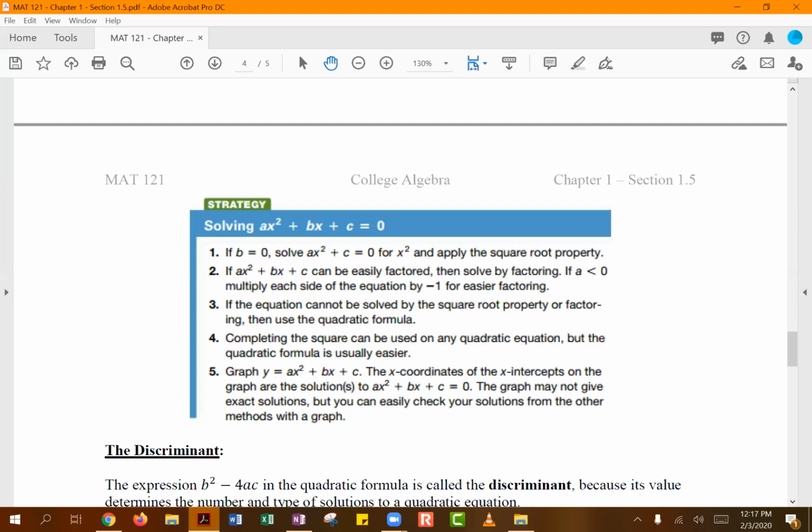If factoring can work, obviously you want to try factoring. I think factoring is probably an easier method compared to the other ones because it doesn't take that long. However, if you're uncomfortable with factoring, then obviously it may take you just a little bit longer.